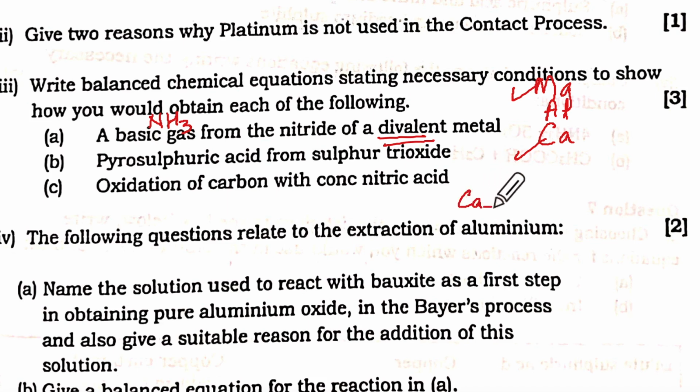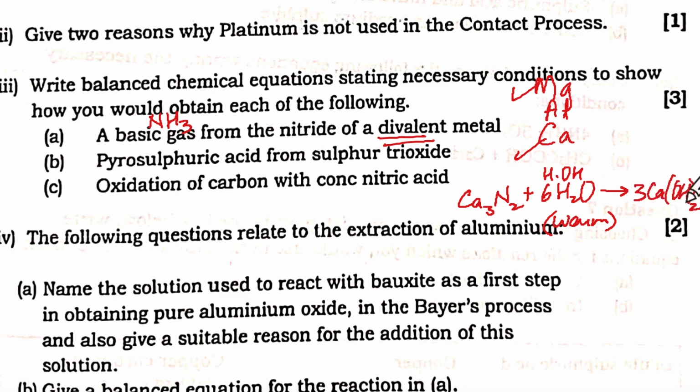So if I take Ca3N2, remember I need 6 of warm water. 6 of warm water. Understanding? So this I have told you to consider water as H and OH. So it will become 3Ca(OH)2.